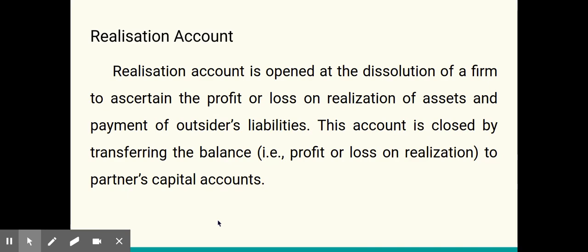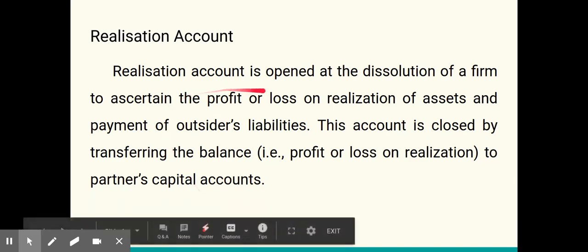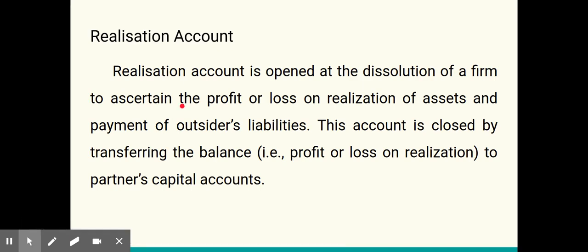Okay, realization account. Realization account is opened at the time of dissolution of the firm. When a firm is going to be liquidated, there is no more firm in future, then the realization account is prepared to ascertain the profit or loss on realization of assets.